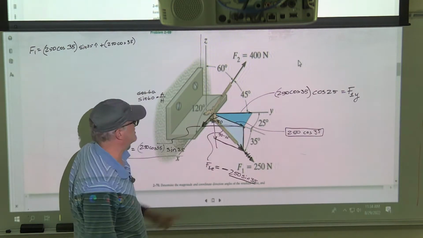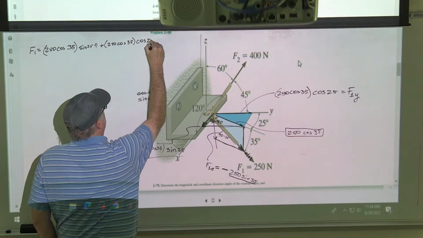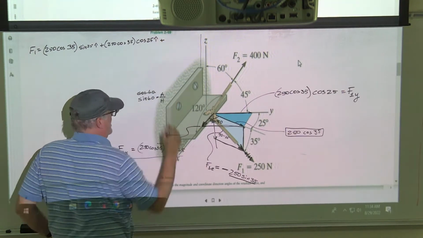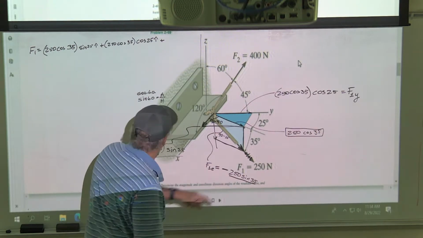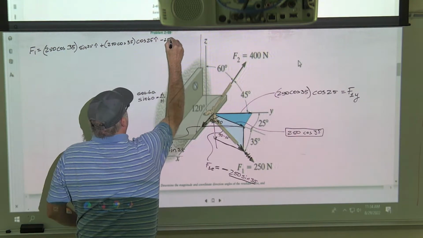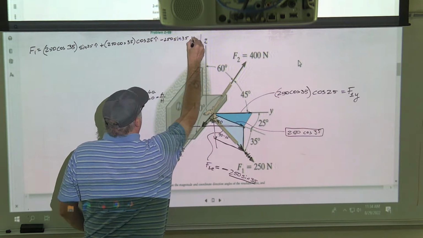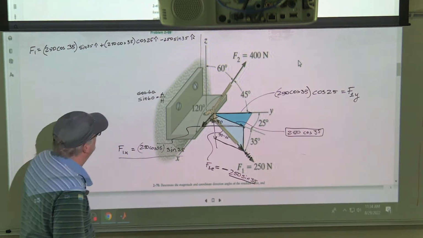Then it was just projected back through 25 degrees. And then you got the one final thing, which is the minus 250, which I put a plus, but minus 250, and then sine of 35, and so you're done there.